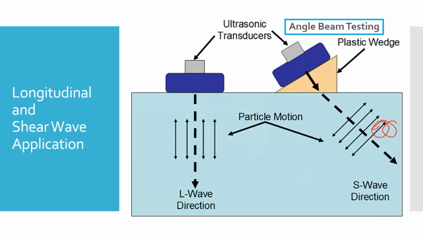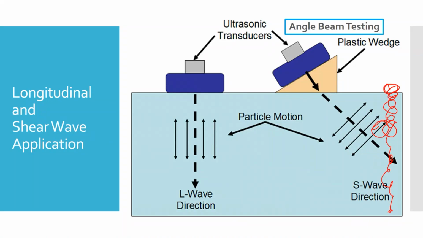So where this is often used is, imagine, you can see these transducers have to be on a fairly smooth part. Imagine we had like a weld right here. Okay. We can't go directly above a weld because it's not a smooth surface. And so oftentimes angle beam testing like this is used to check a weld.